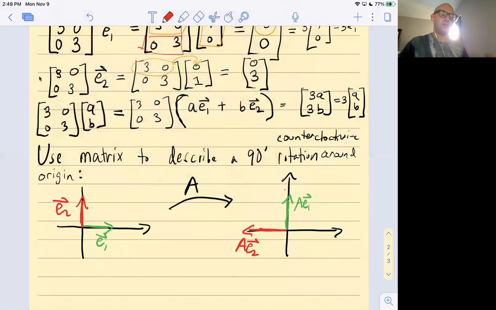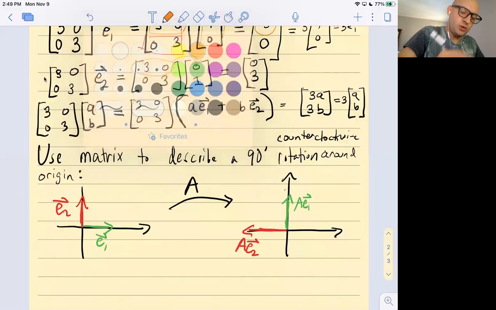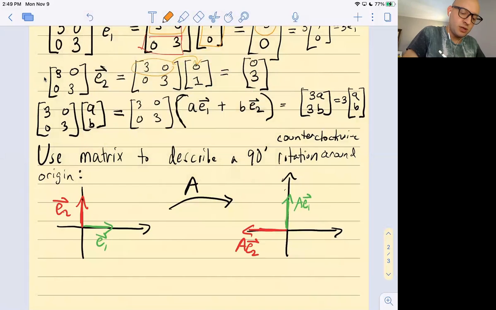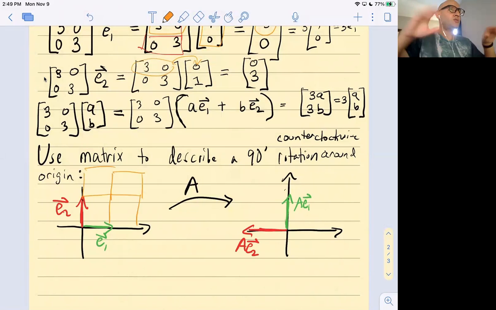Can you visualize that if you had that grid, if you use the red and green arrows to describe the fundamental building blocks for a grid? By the way, this type of grid, where you take integer amounts of E1 and E2 and draw a nice little grid of squares, is called a lattice.